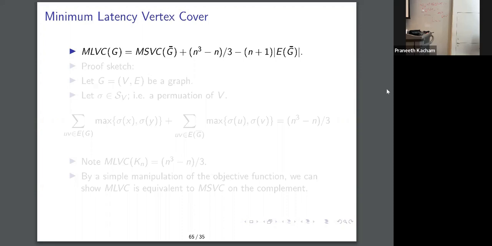Please ask questions. In both of the problems, we want to find an ordering of the vertices. The objective for one is the sum over all edges of the maximum of the labels of the endpoints. For the other, it is the minimum of the labels of the endpoints.